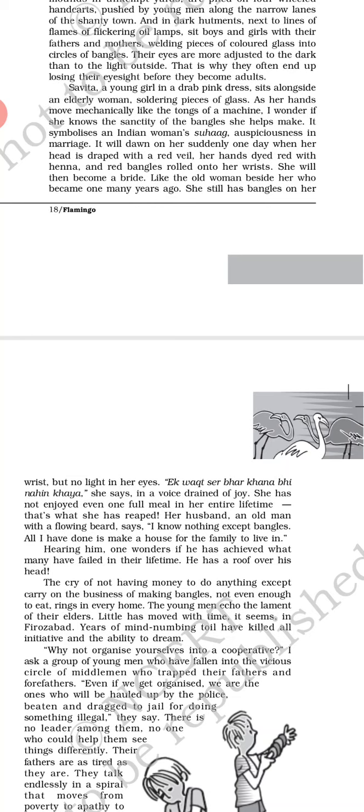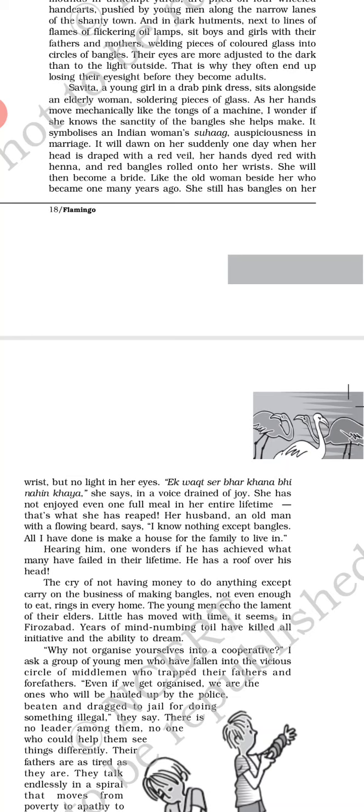It will dawn on her suddenly one day. Dawn on her means she will understand. She will realize suddenly one day when her head is wrapped in a red veil, her hands dyed red with henna, and red bangles roll onto her wrist. So one day she will realize the significance of these bangles when she herself becomes a bride.